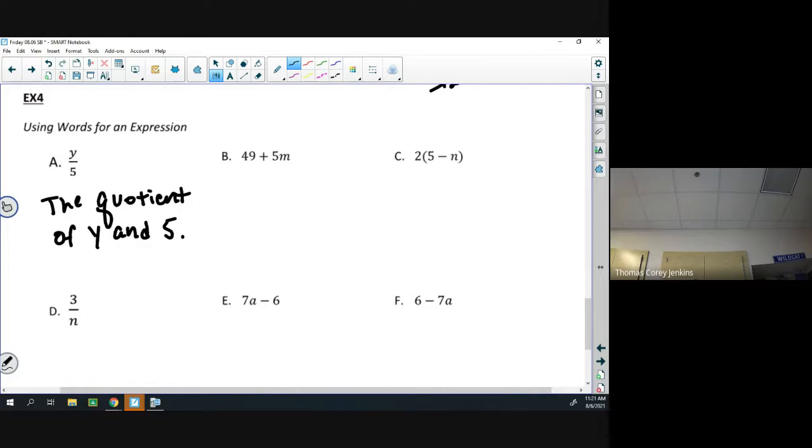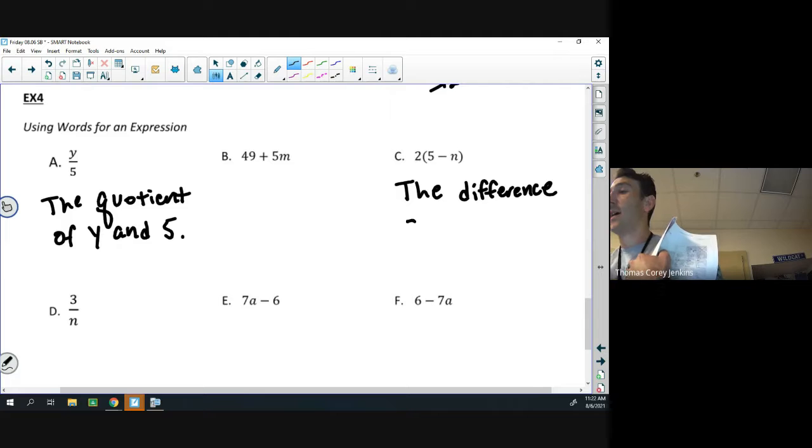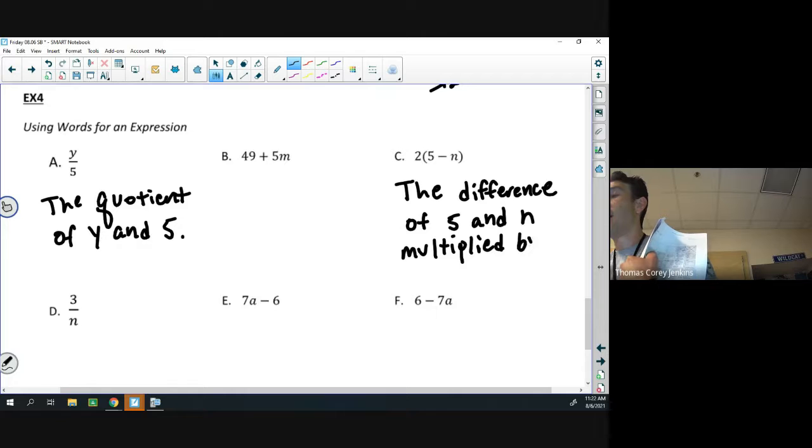All right, so then C. C is going to be a little bit trickier, so you might want to think about it for a second before you raise your hand. You might even want to write out what you think, and if you think it looks good, raise your hand. If you already have it, go ahead. Abby, what did you get? Ooh, I like that. The difference of 5 and n multiplied by 2.